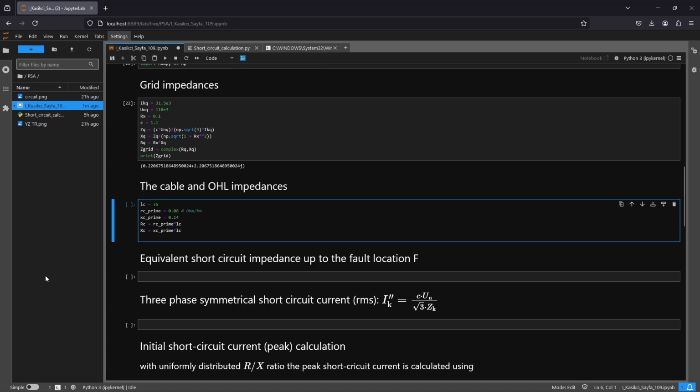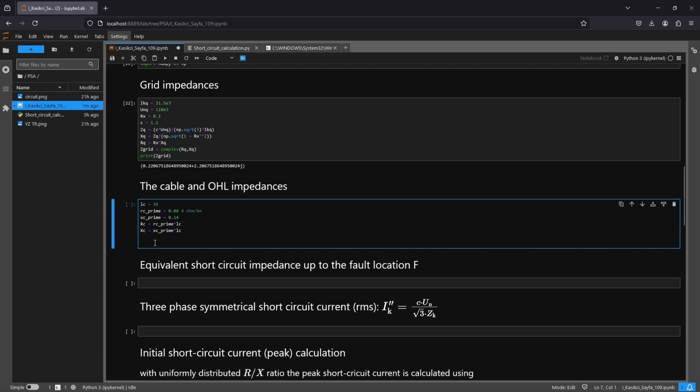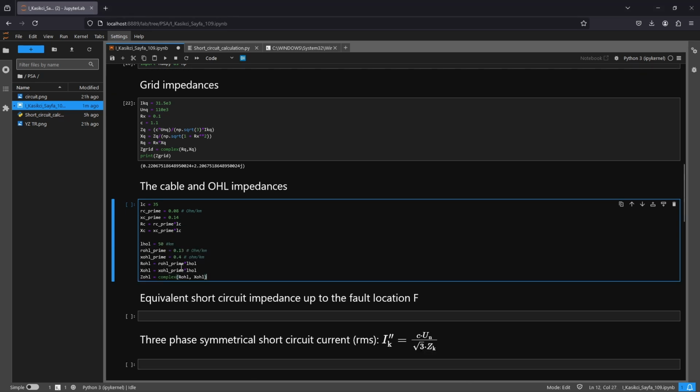The same calculation we can do for the overhead line. I completed it already. Let me just copy and paste the code here. I think this is the best variant. For example, we have the overhead line. I think I wrote it wrong, but since I have the consistent values, it's not a problem.